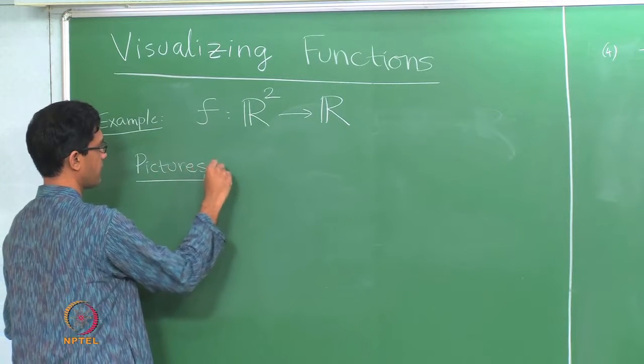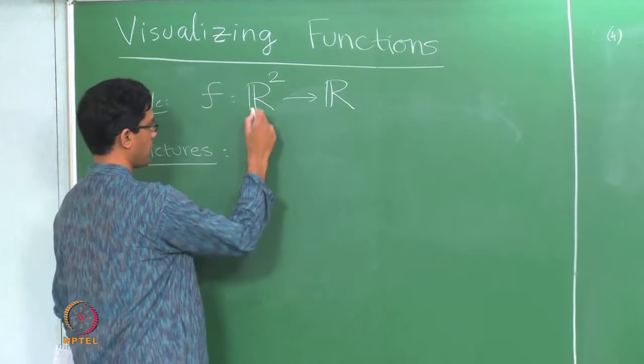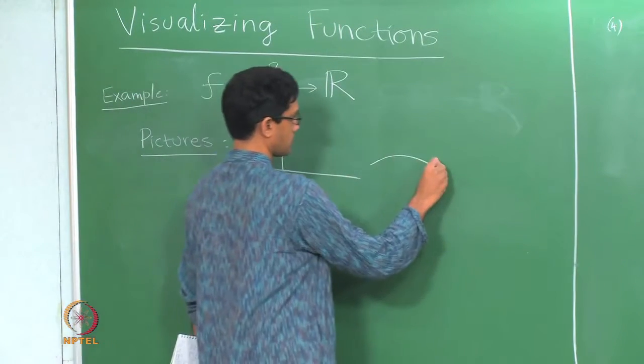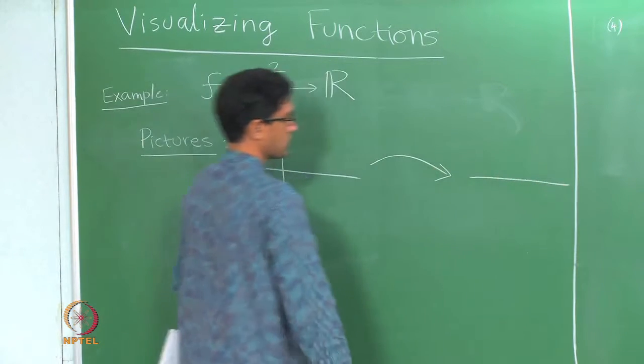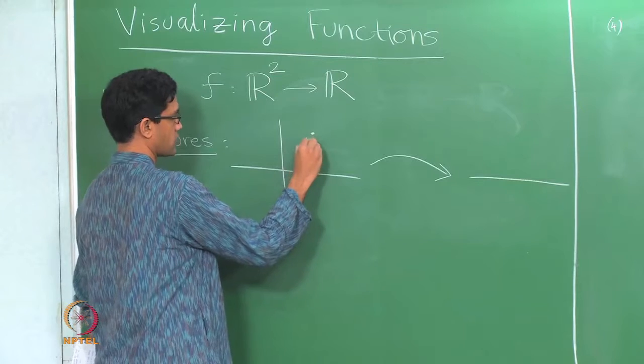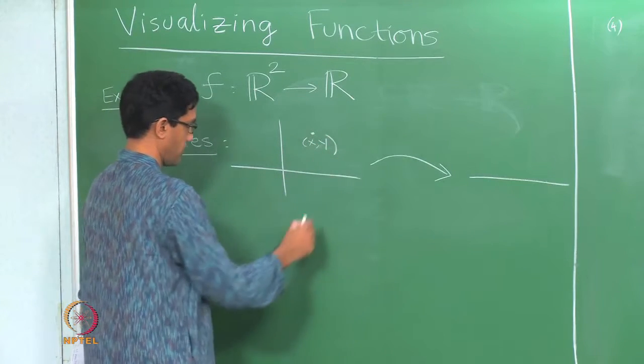There are actually two different ways of understanding functions which go from R2 to R. Firstly, R2, remember, is just the plane, R is just the real line, and a function therefore associates to each point x, y on the plane some real number.